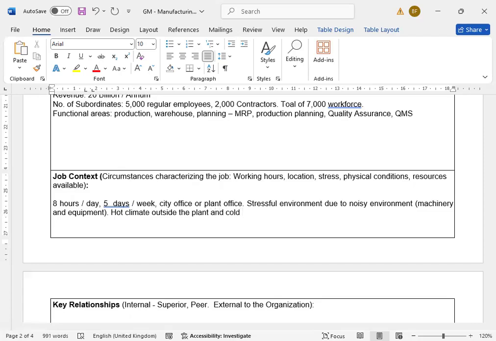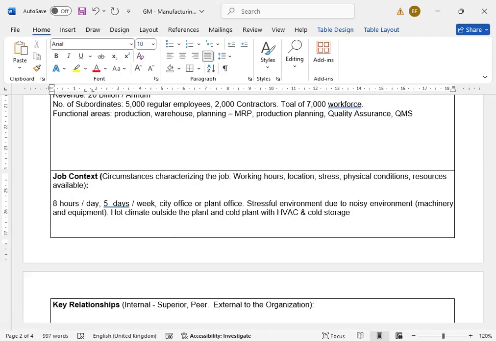Cold plant. Why? Because of the HVAC, heating and ventilating air conditioning units, or cold storage with HVAC, and cold storage for freezing temperature.